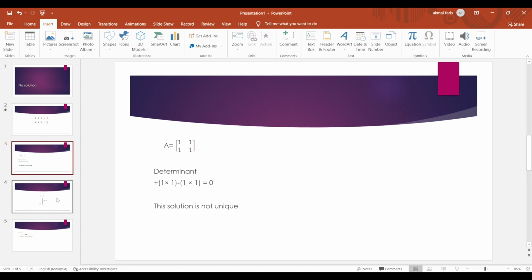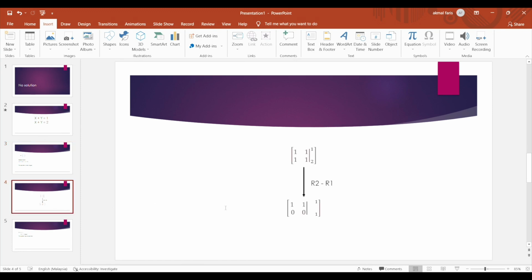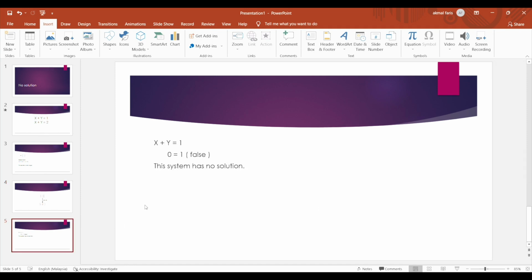We continue. For the next step, we need to reduce this matrix A into row echelon form like this. Next step is we need to subtract R1, which is row 1, from row 2. So we will get this answer. For the last part, we need to change the matrix form back into linear equation form.